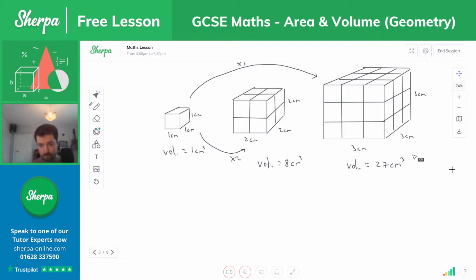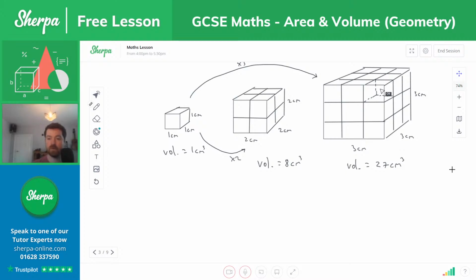The other way we could do it, if anyone was super lazy and they forgot the formula for the volume of a cube, we could just count how many little cubes we have, right? Because each one of these little cubes, as I said before, is a 1 centimeter cube. So I could pick a random cube on the corner here.